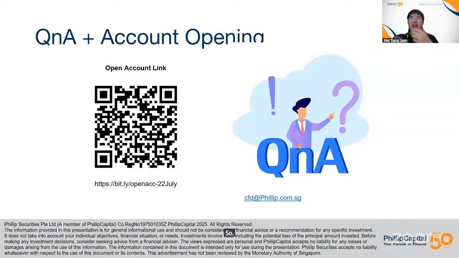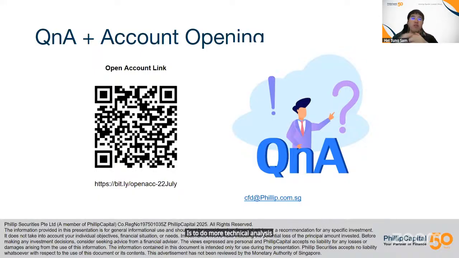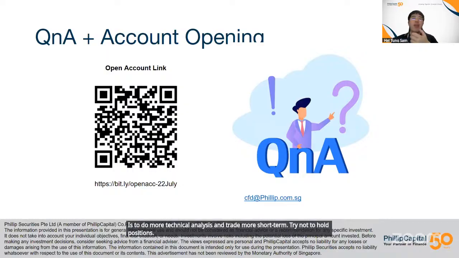So I would rather use more technical analysis, because fundamental analysis generally takes time and usually there's more data. Especially now when both sides are a big question mark, my advice is to do more technical analysis and trade more short term. Try not to hold positions for more than a few days or even a week.